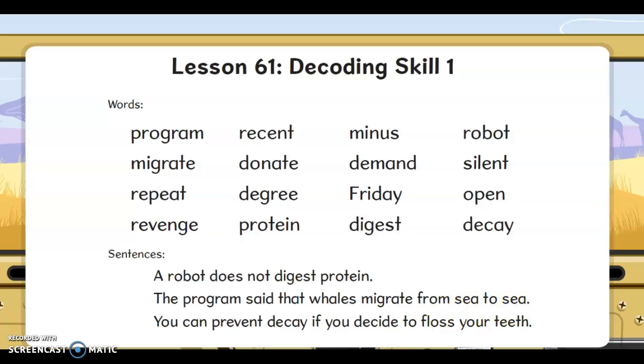Now you read the next sentence. I'm going to read the next sentence. You can prevent decay if you decide to floss your teeth. Now you read the next sentence.